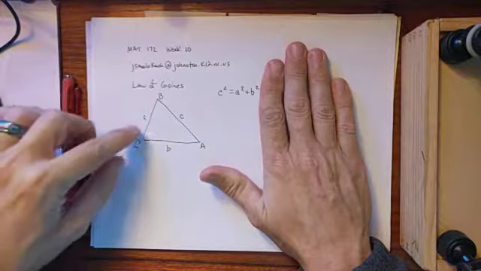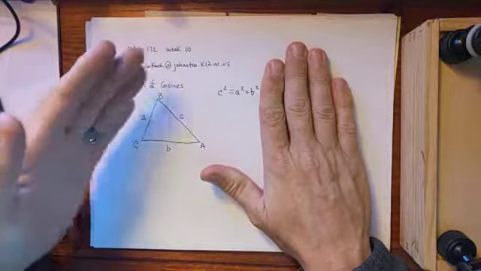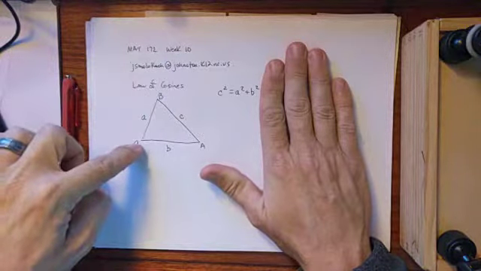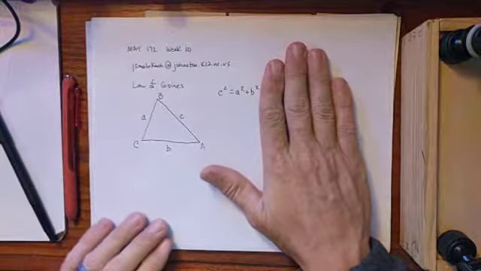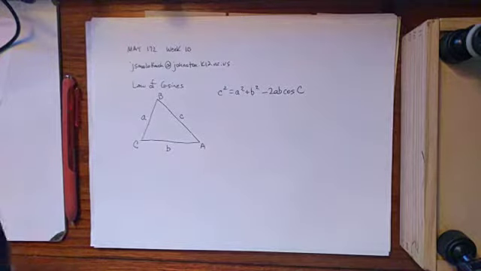If we straightened out that leaning wall and had a right triangle, C would be the hypotenuse and the legs would be A and B. But this equation is for more general use.